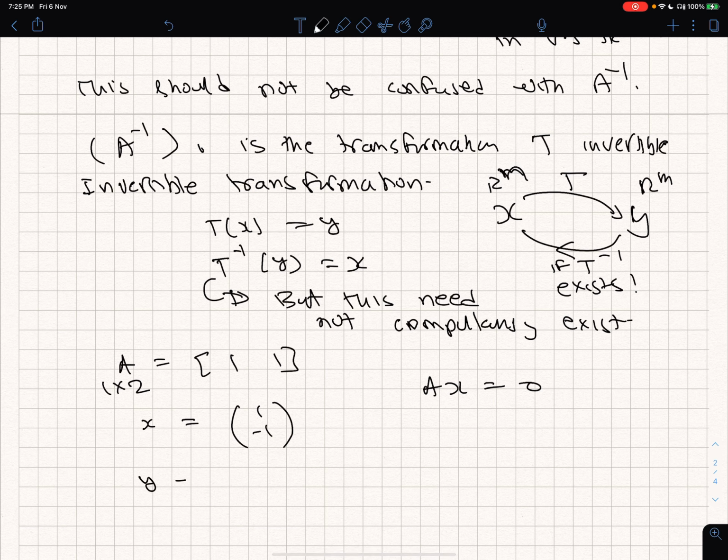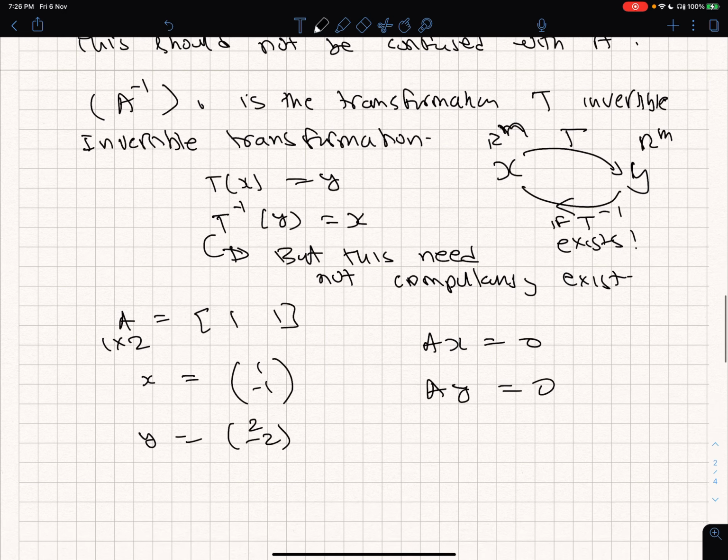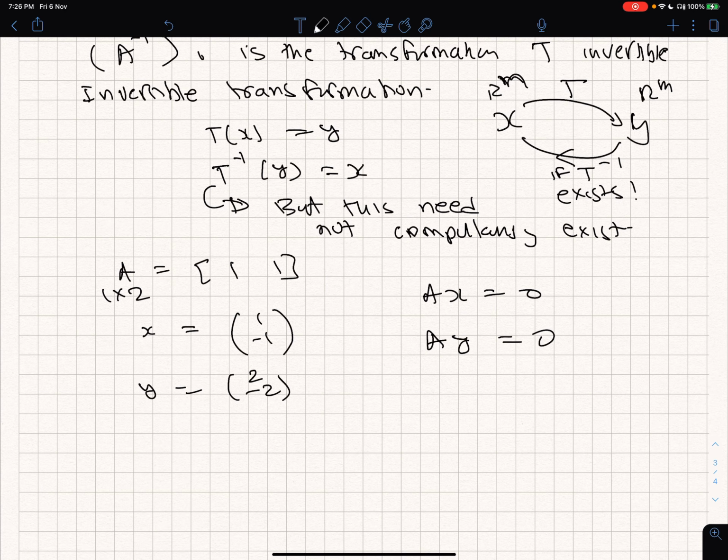Now let me take vector y as 2 minus 2. Where does Ay go? It also goes to 0. So from this 0, if I want to return back, I reach 0. From 0, I want to return back to this. But can I return back necessarily? I don't know. This could have been a vector, it could have been 3 minus 3 also a vector.